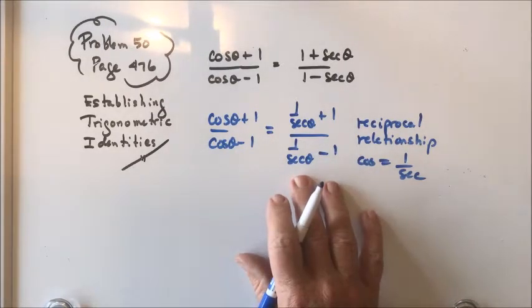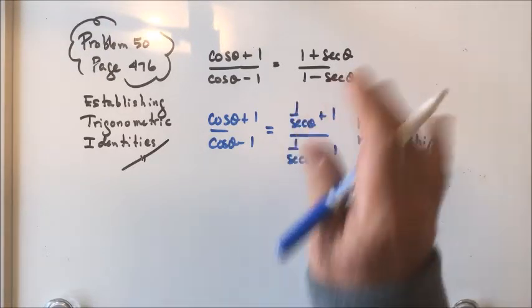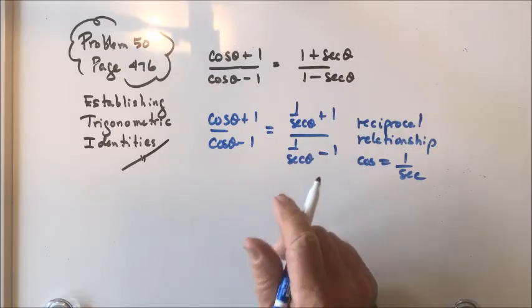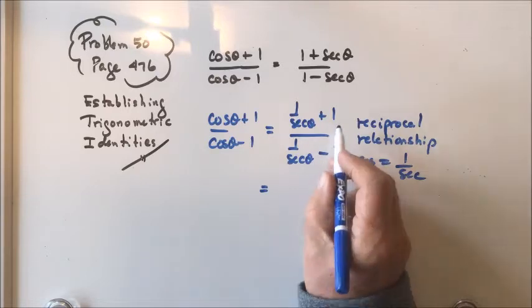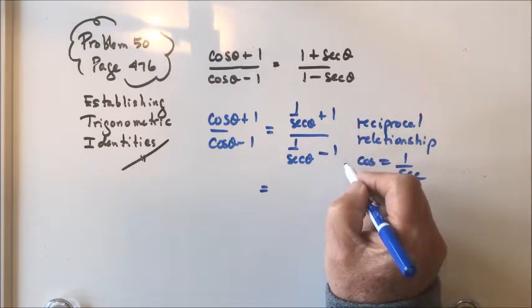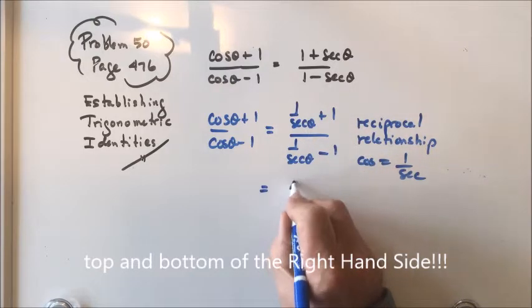And what a nightmare I've made over here, right? Because now I've got compound fractions, but it won't last long because I now just want to multiply top and bottom by the secant, top and bottom of this left-hand side by the secant. When I do, the secant divided by the secant is 1.